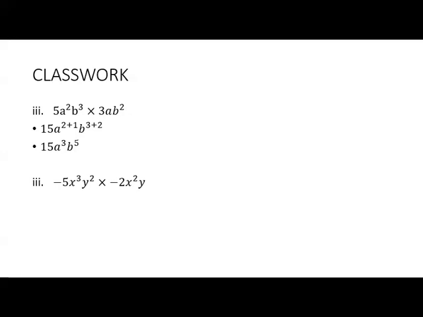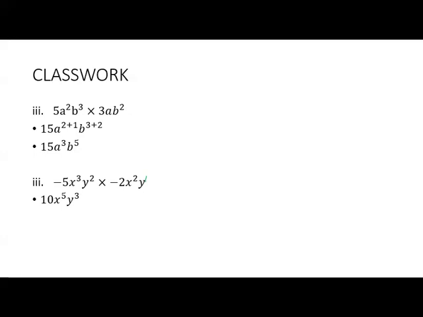Negative 5 times negative 2 gives you positive 10. x cubed times x squared will give you x to the exponent of 5. And y squared times y to the exponent of 1 will give you y to the exponent of 3. Remember, negative times negative is positive. That's why you will get positive 10x to the exponent of 5, y to the exponent of 3.